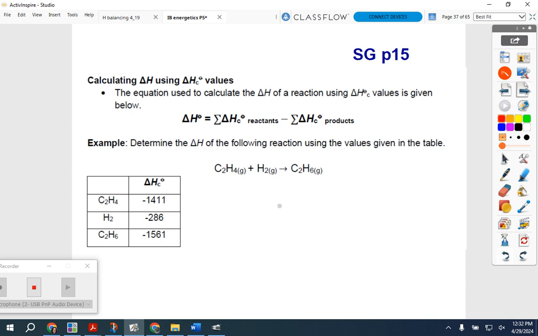And we don't know the enthalpy of this reaction, but we do know the enthalpies of combustion of all of the pieces. So we're going to theoretically burn all of our reactants and our product because we happen to know these enthalpies, okay?